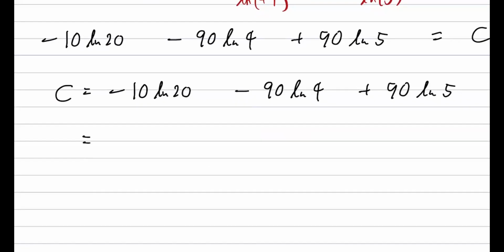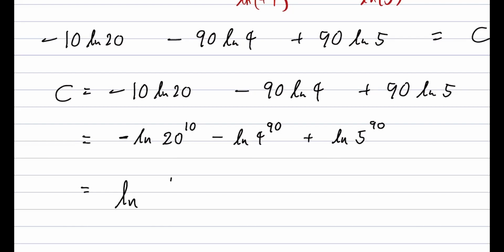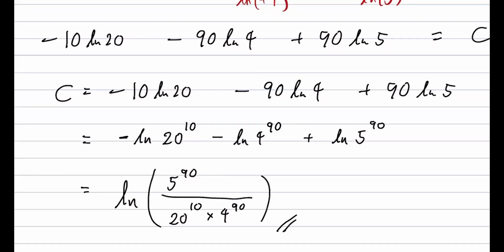So this would be minus ln 20 to the power of 10 minus ln 4 to the power of 90 plus ln 5 to the power of 90. Combining them, I get ln of 5 power 90 over 20 power 10 times 4 power 90. Oh, sorry, not times, the 20 power 10 should be at the denominator.